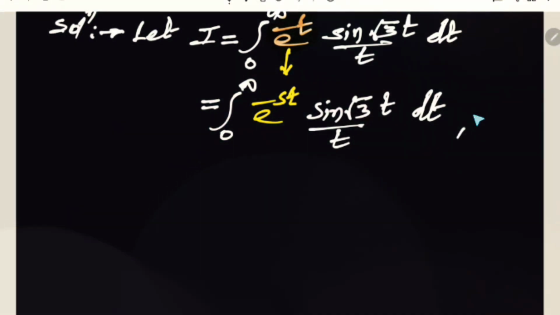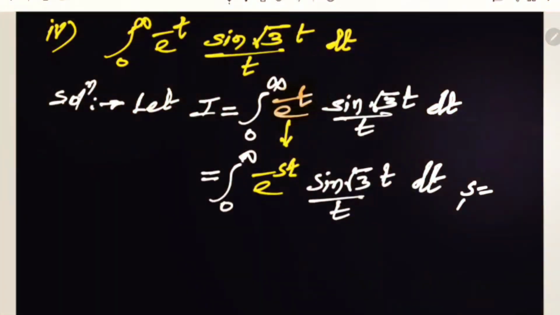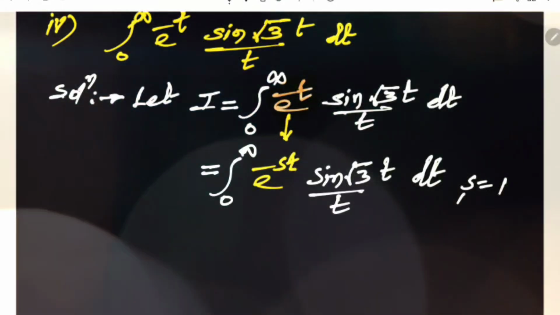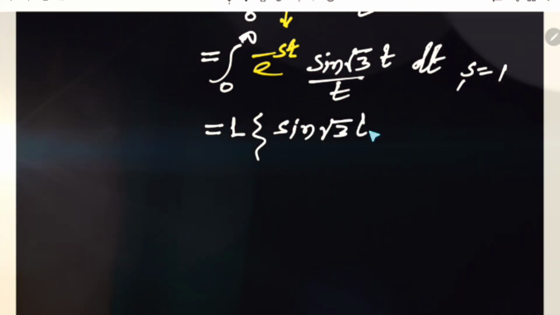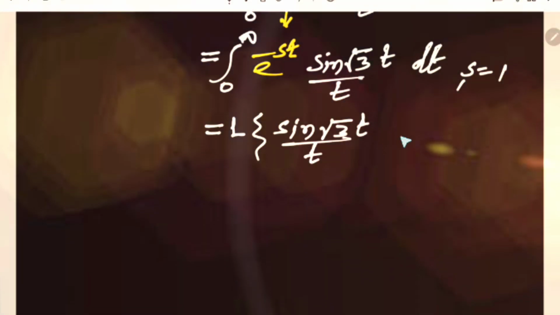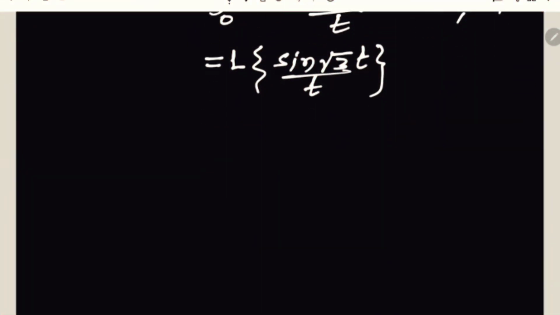Therefore, as per the definition of Laplace, what is the value of s? s must be 1, so that when we put it here, we get the original term of e raised to minus t. And therefore, this is Laplace of sine of square root of 3 t divided by t.